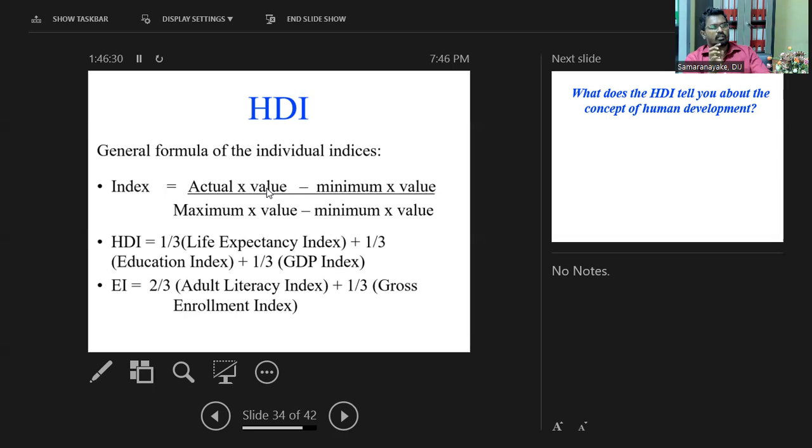For this education index, we give 2/3 weight to the adult literacy index and 1/3 weight to the schooling enrollment or gross enrollment index. With that weight, we calculate the education index, and then 1/3 of that education index we use in the HDI calculation. That is how we calculate this index.